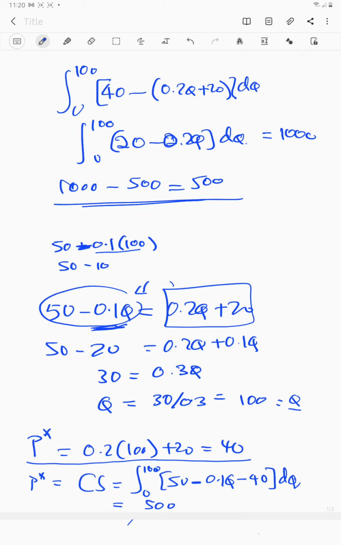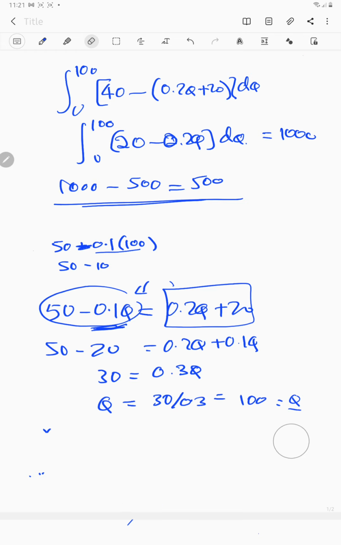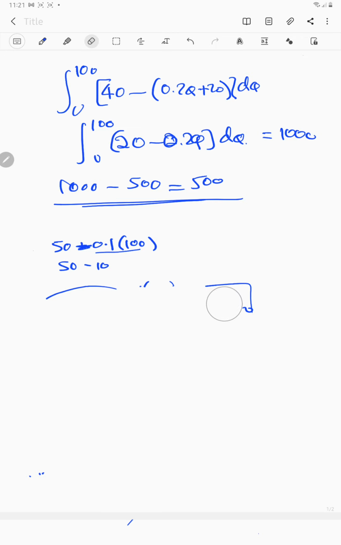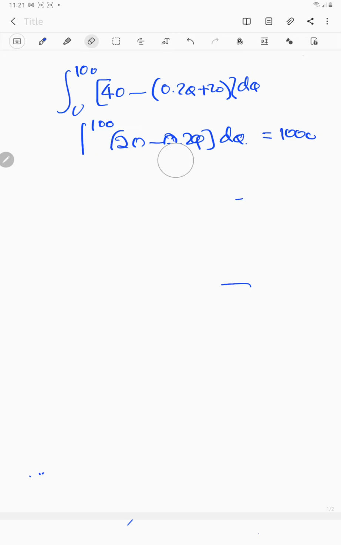That's the most important part, which defines the producer and consumer surplus. Having done that, I'll give you as many exercises as possible so that you can practice what defines what in that context.